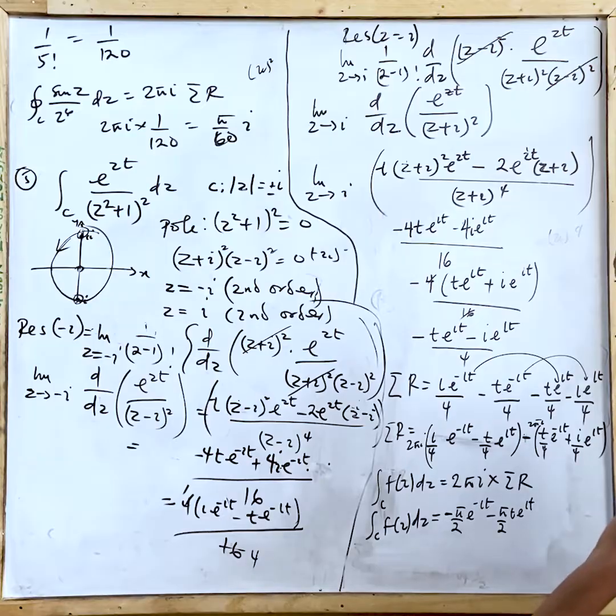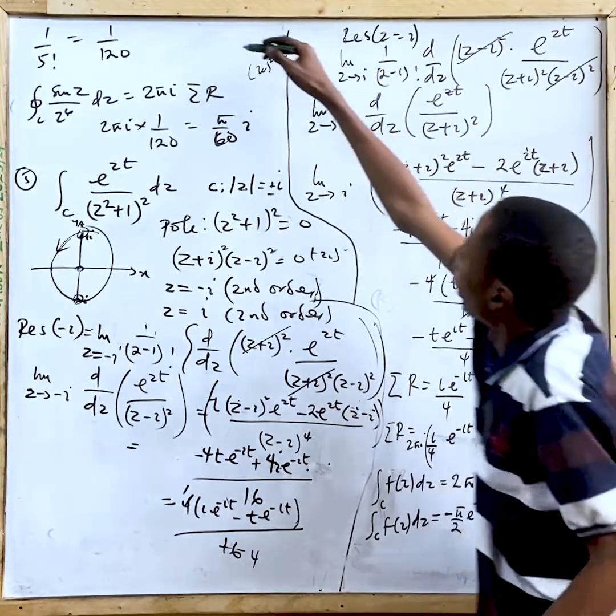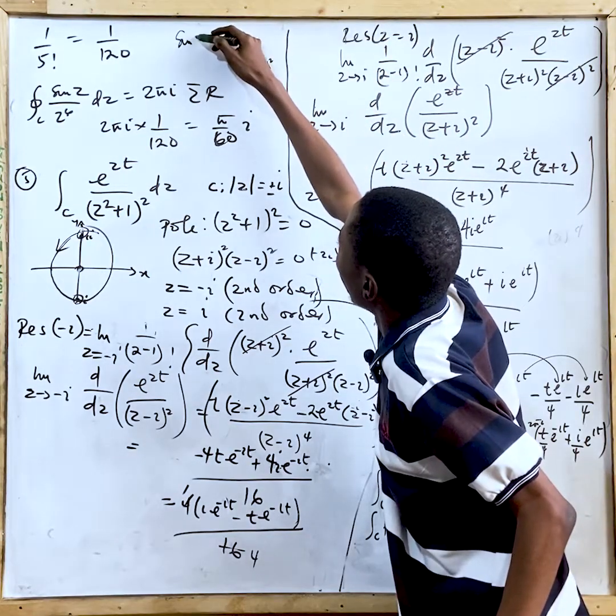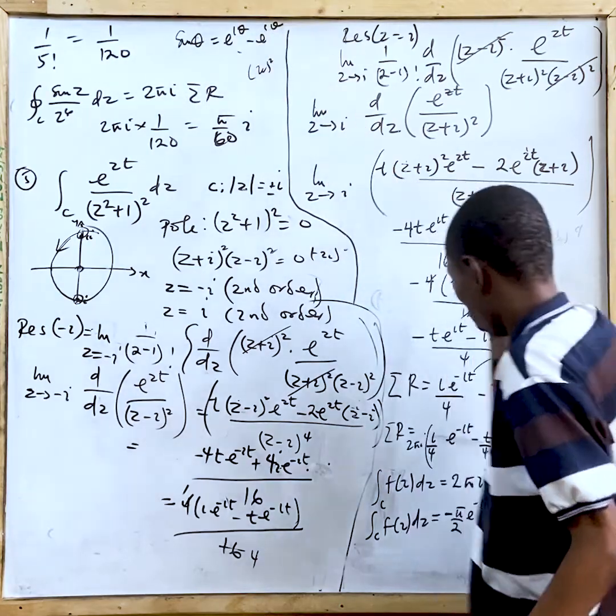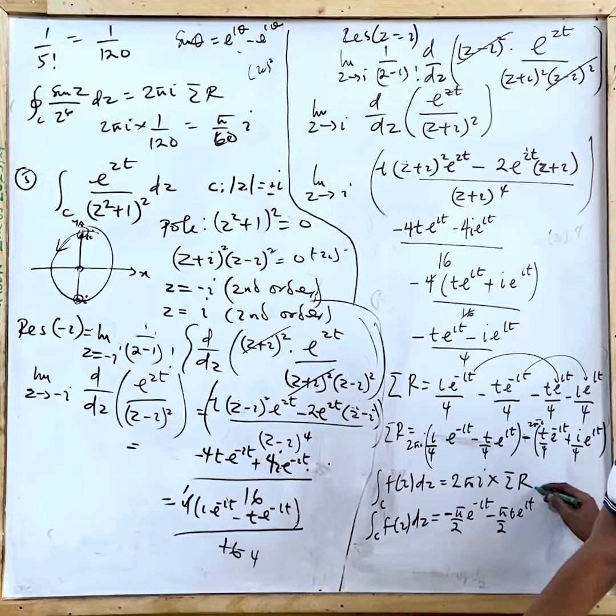You now get a pattern that you know, that sine theta is e raised power I theta minus e raised power minus I theta over 2, something like this. Okay.